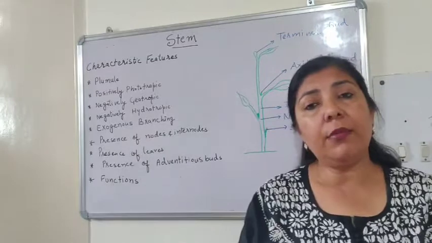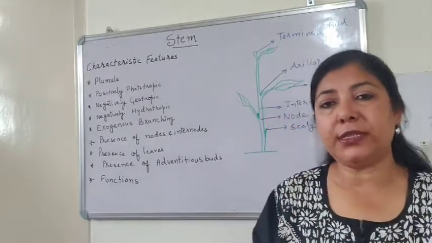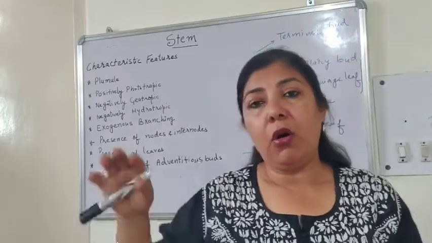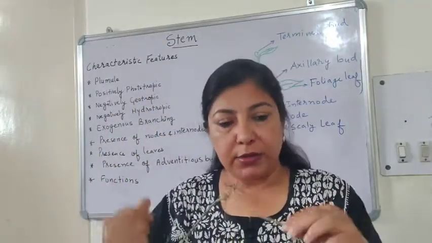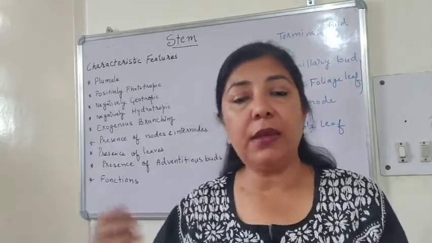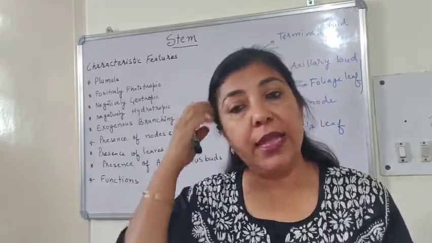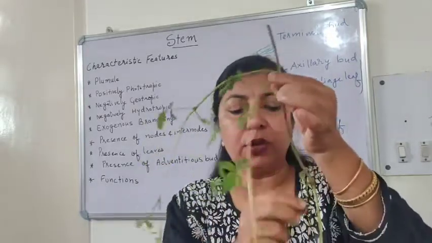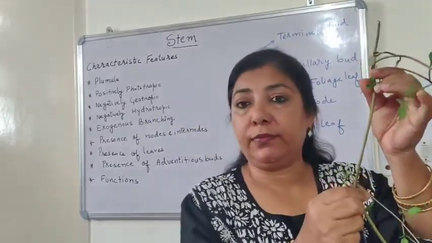Then if we come to function, there are so many functions of the stem, because all the upper part of the plant, that is shoot part, stem is holding them. It has got leaves, so it will help in performance of the photosynthesis through leaves. Then the main function of the stem is conduction.